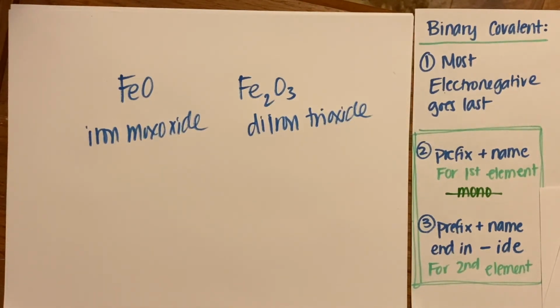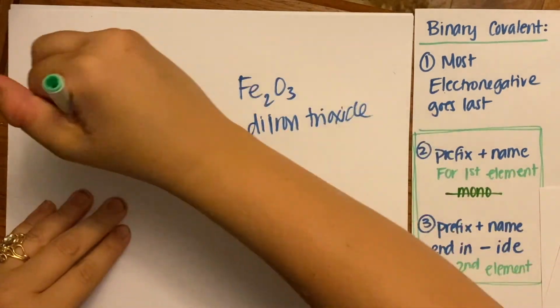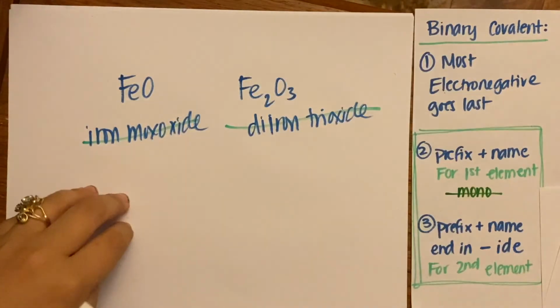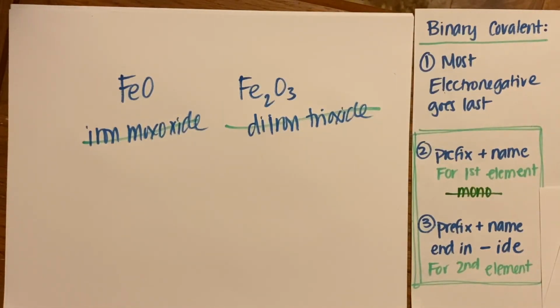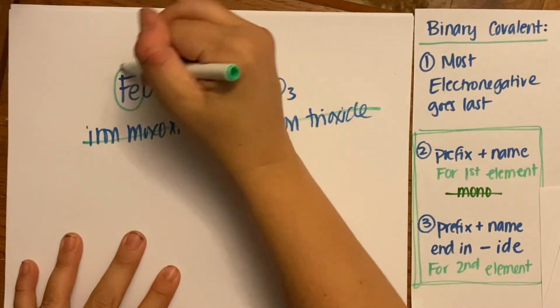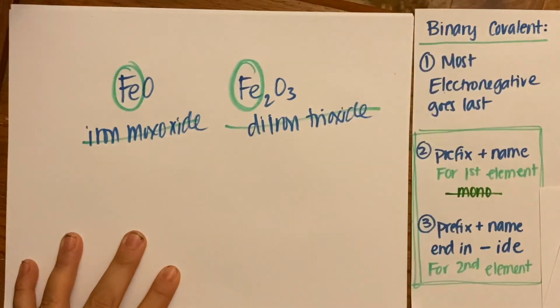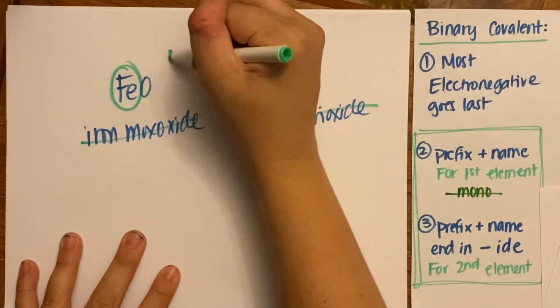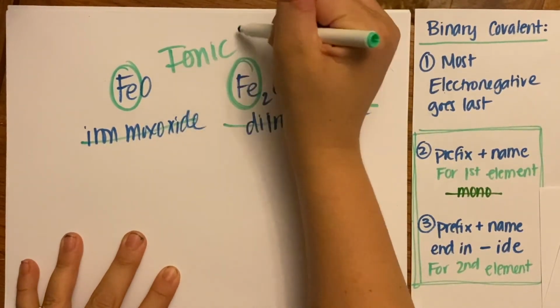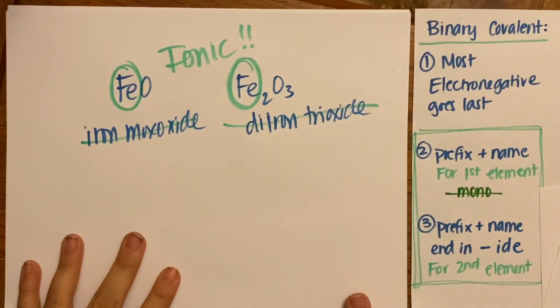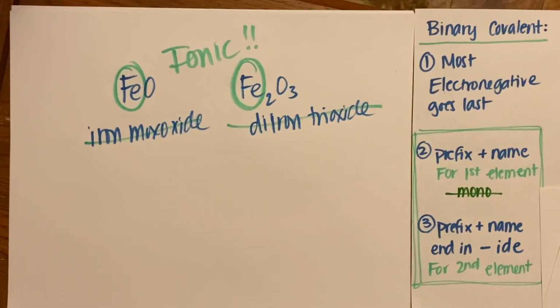Okay? I promise you I'm going to have someone do this, and don't do this. Don't let this be you. Please remember that your prefixes are only for covalent compounds. If you see a metal, boom, that's a metal, okay? You know this is ionic, which means you have to go by the ionic naming rules, okay? No prefixes for these guys.